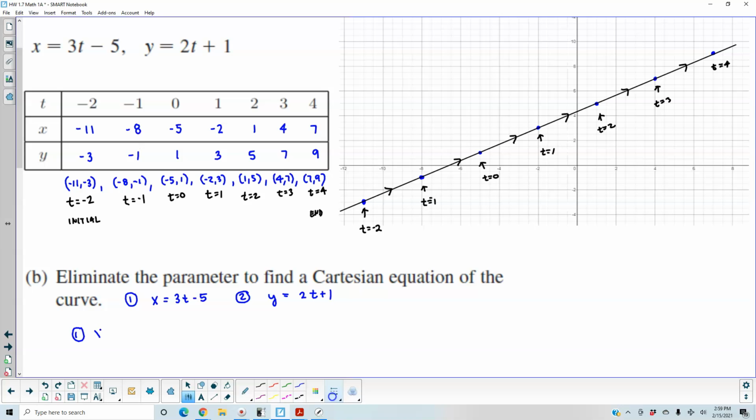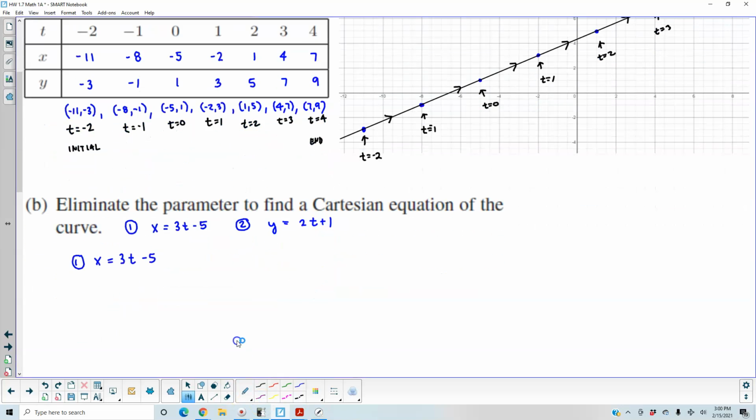So we get x equals 3t minus 5. If we add 5 to both sides, we get x plus 5, which is equal to 3t. And then divide both sides by 3, we get 1/3 x plus 5/3, which is equal to t.